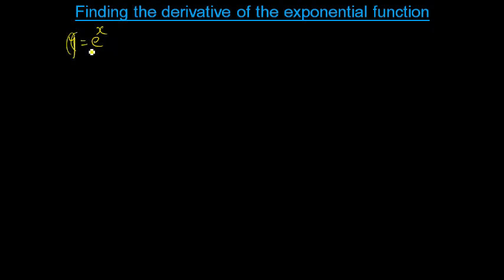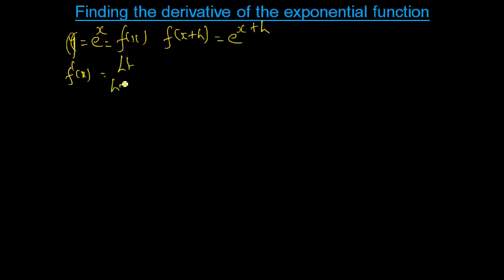So instead of y, let me write it as f of x is equal to e power x, so that we'll know f of x plus h, which is e to the power of x plus h. Substituting in the formula for first principle, limit h tending to 0 of e power x plus h minus e power x divided by h.